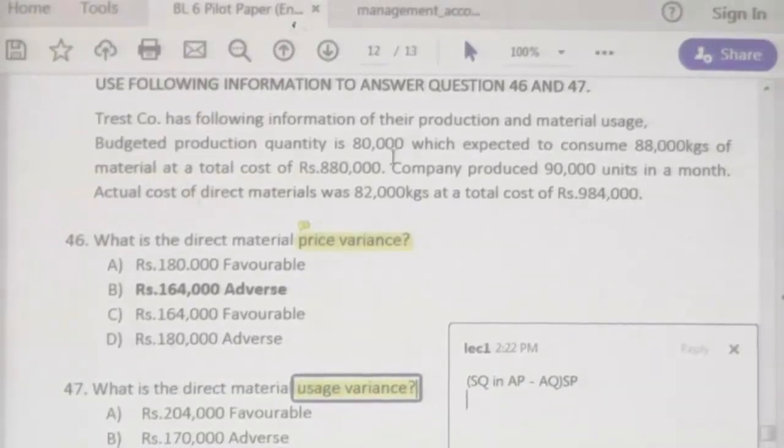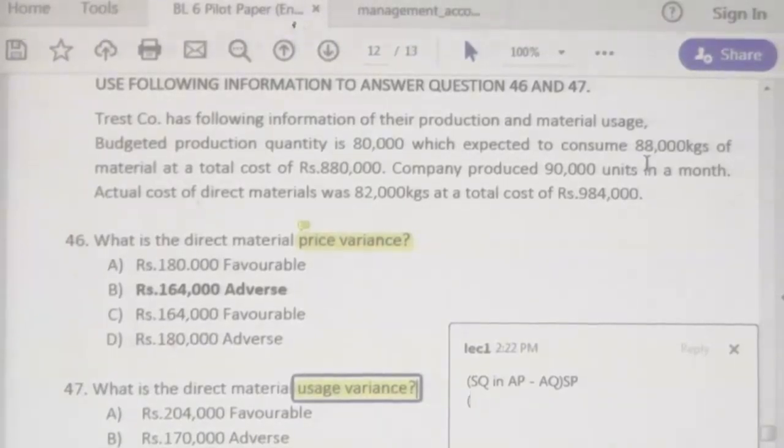Budgeted production 80,000 is expected to consume 88,000 kilograms. That means according to the standard, 88,000 kilograms are required to produce 80,000 units. Therefore, according to the standard you require 1.1 kilogram per unit. Clear?